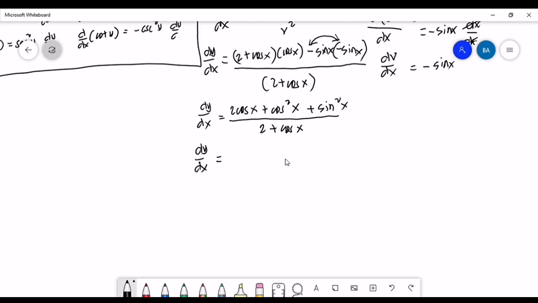So we know that in trigonometric identity, cosine squared x plus sine squared x is equal to 1. So therefore, we can say that this is already equal to 1. The denominator is squared, this is the square.